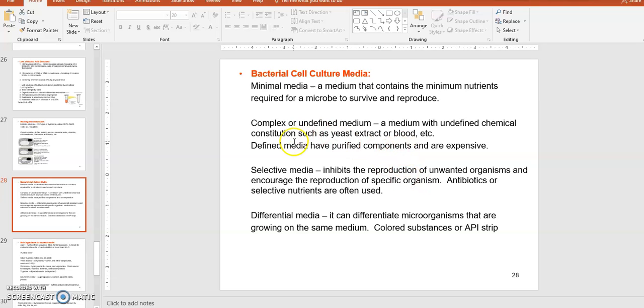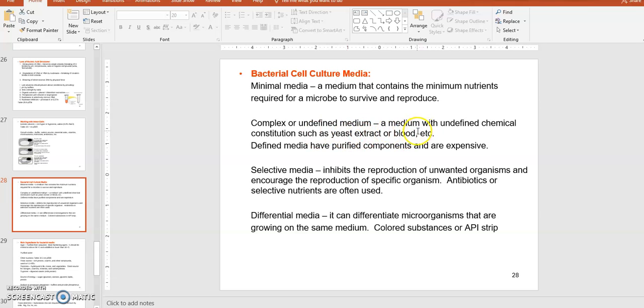If you're growing bacterial cells, prokaryotic cells, what are the things that you need? Minimal media is made up with certain conditions. It may have a complex medium, not purified. It's like a dead body of yeast. That's yeast extract, because it has a bunch of sugar, protein, all the rich nutrients in there.